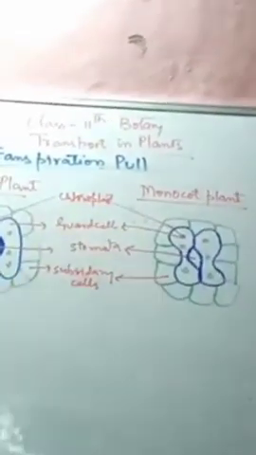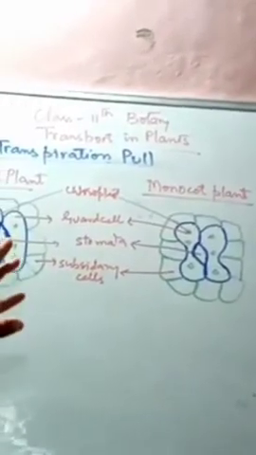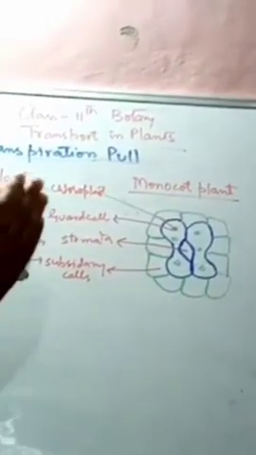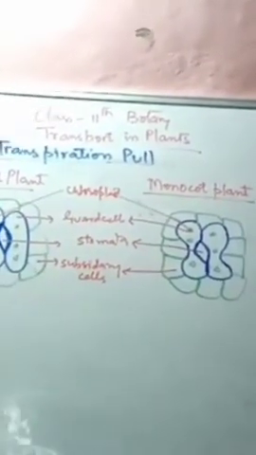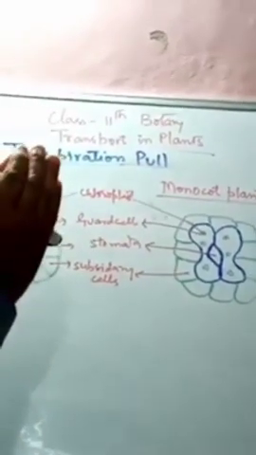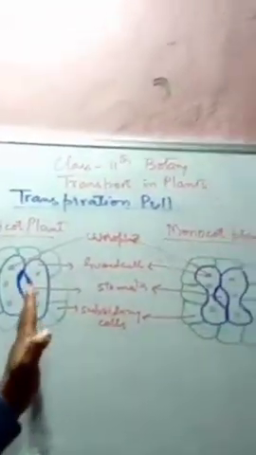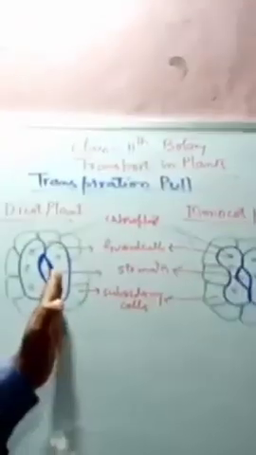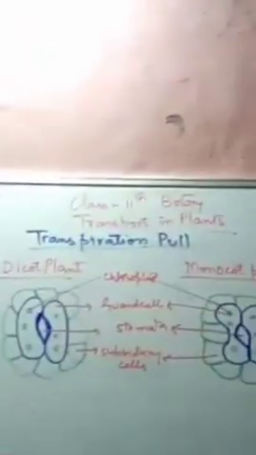Now, we know how the stomata open and how the stomata close. When these guard cells are turgid, their opening mainly depends upon endosmosis, how water moves into these guard cells and they become turgid.